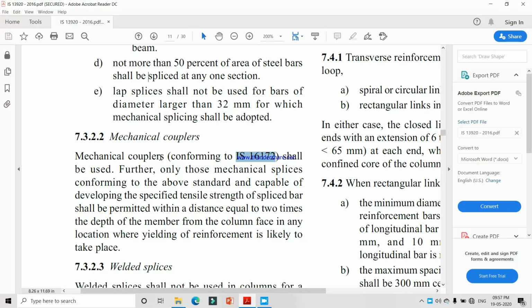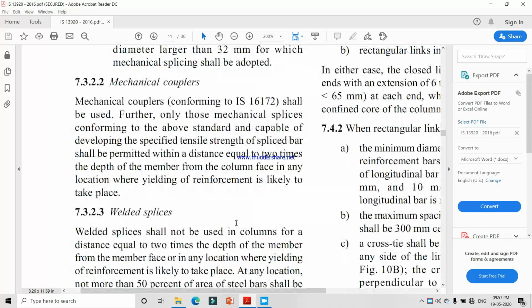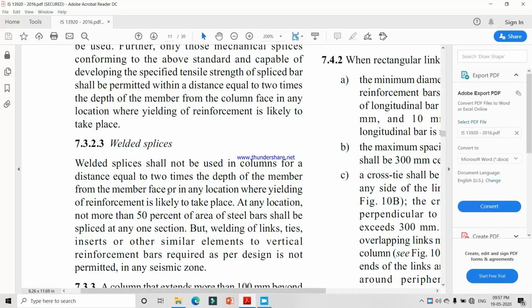If we are not using a mechanical coupler, we want to use a mechanical splice that gives a specific tensile strength, so we meet our requirement, and the length of the splice is 2 times the depth of the member. These are the welded splices criteria.